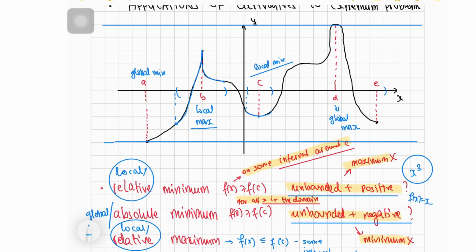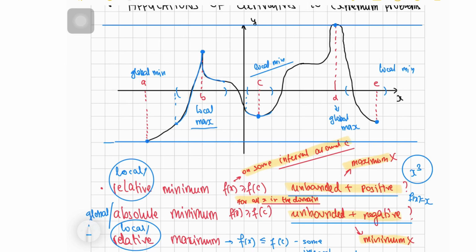And also taking a suitable interval around E, you can see that E is also a local minimum. So that's the value there. I will mark those values with the blue color, and it's now clear what they represent and what is their nature.